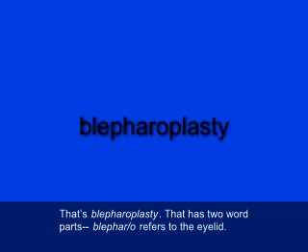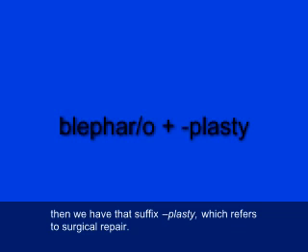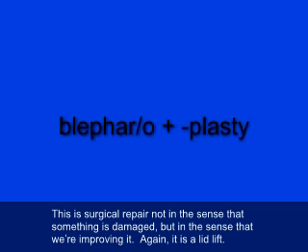Blepharoplasty has two word parts. Blepharo refers to the eyelid, and then we have that suffix plasty, which refers to surgical repair. And this is surgical repair not in the sense that something is damaged, but in the sense that we're improving it. It again is a lid lift.